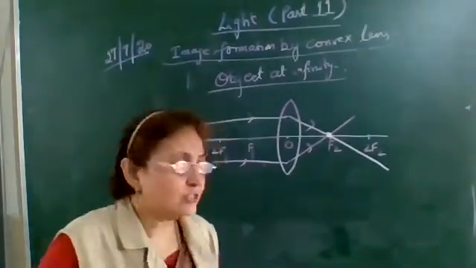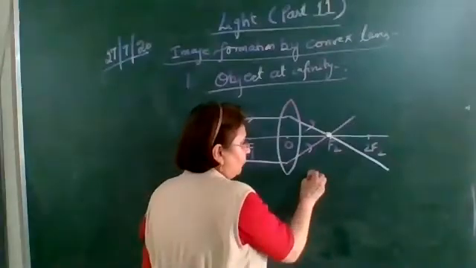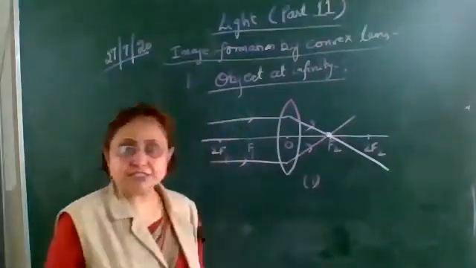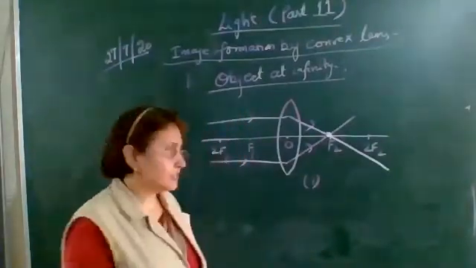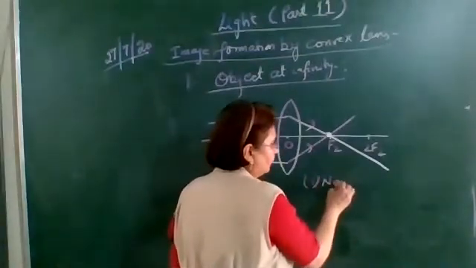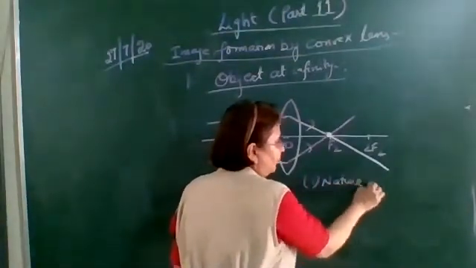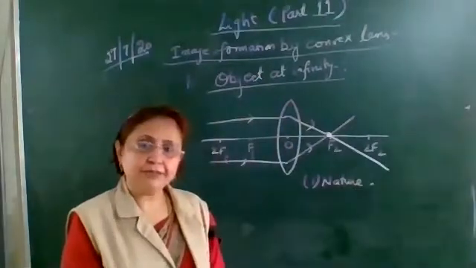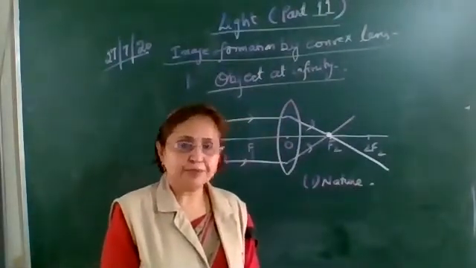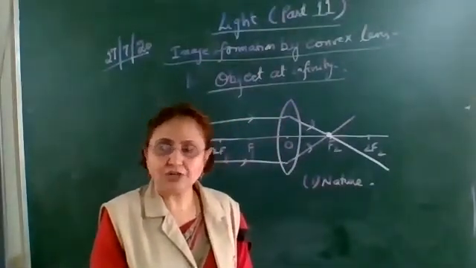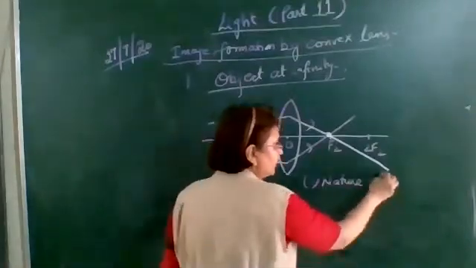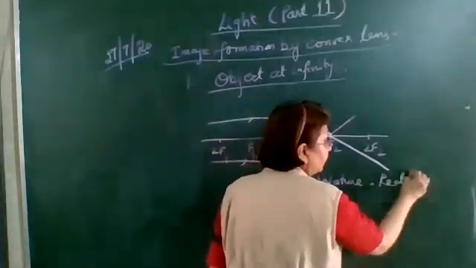So what is the nature of the image? Three points about the image we are going to discuss. The first point is the nature of the image. Whenever the refracted rays actually meet, the image formed is real and the real images are inverted. So the nature of the image is real and inverted.